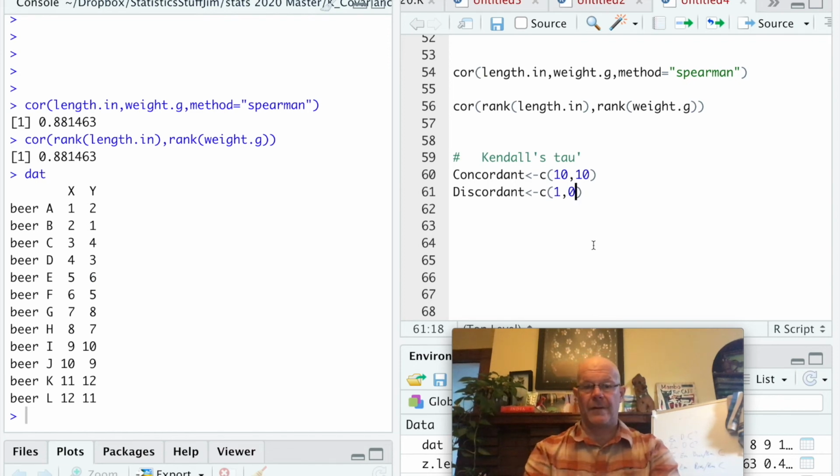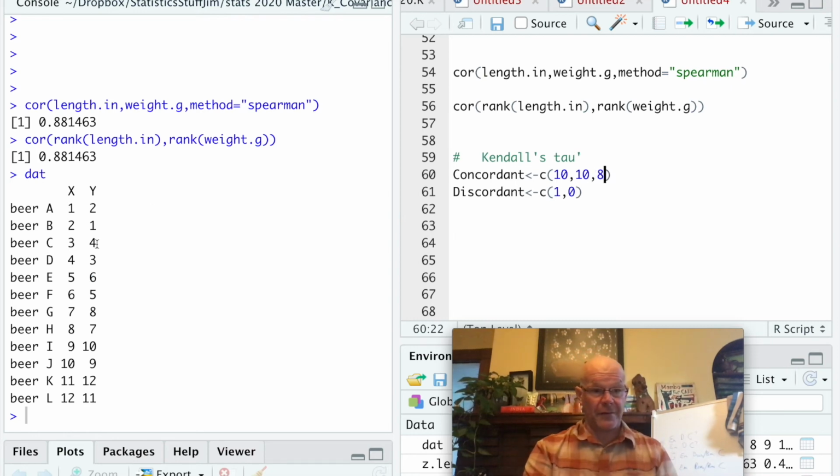So 0. Then we could go through and do the exact same thing the third time. We look at the number of concordant pairs. It starts at 6: 1, 2, 3, 4, 5, 6, 7, 8. That's going to give us 8.